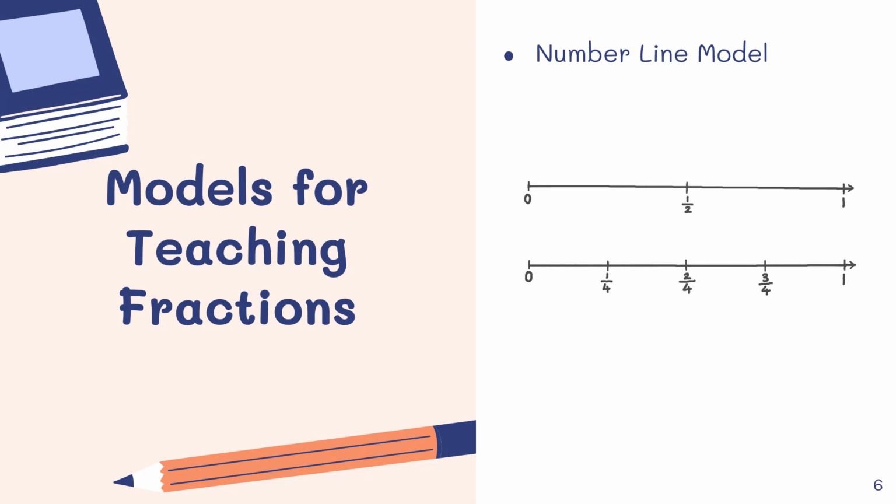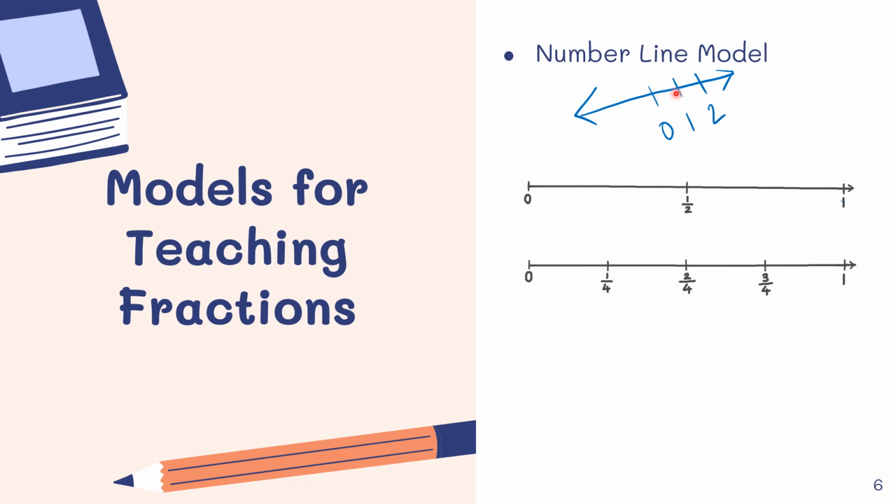The number line model is also useful for introducing fractions, and it introduces this concept that every time we've been drawing a number line in the past, there's been these other numbers that are in between 0 and 1. Every time we've drawn a number line in the past, we put 0 in the middle, and then 1 and 2 and so on, but there are really numbers in between here that we're not writing down.